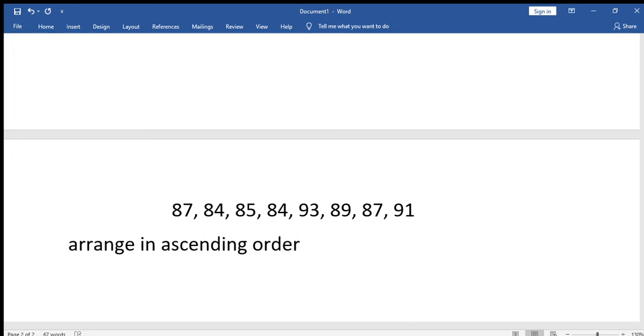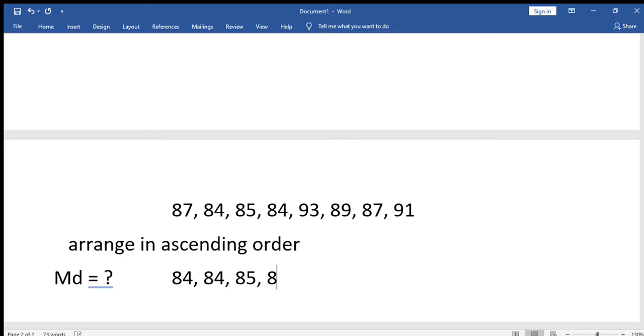So let us find out our median. What is our median then? As what I mentioned earlier, we are going to arrange. So arranging this, we have 84. We also have another 84. Then we have 85, then 85, then followed by 87.